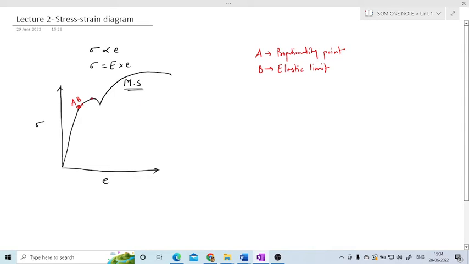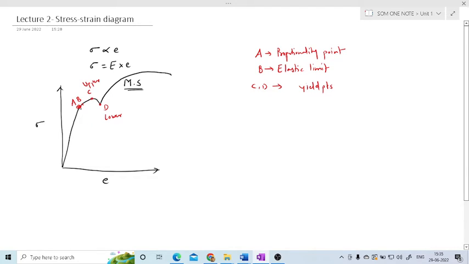Then the next point C and this point D, these two points are called yield points. This C point is the upper yield point, and this D point is the lower yield point. Now what is meant by yield? Yield is nothing but, with the application of force, if the straining is rapid, then that point is called the yield point. After this point, if I apply a small amount of force, then the straining will be more.